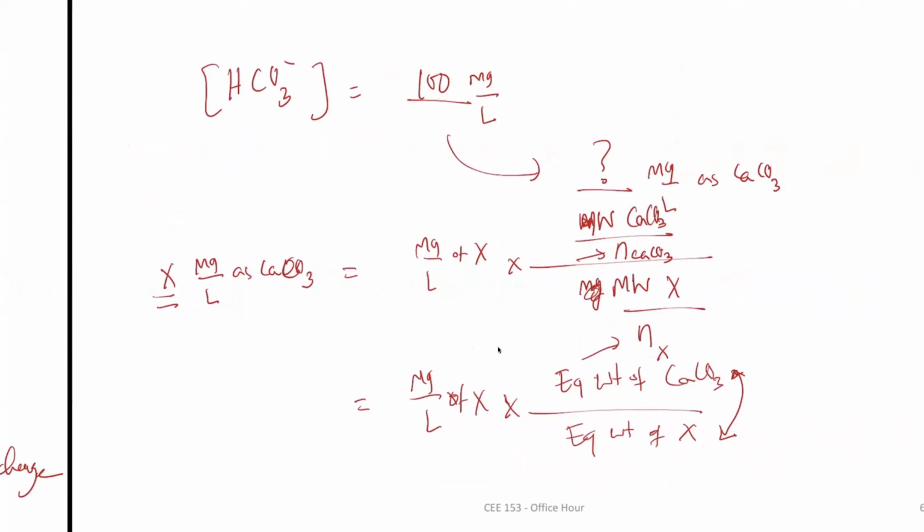I had a clarifying question. When we're solving question 4A on the homework, we have to multiply the concentrations by 2 if it has a plus or minus 2 charge.